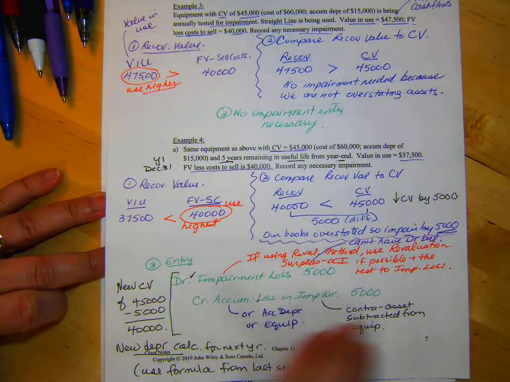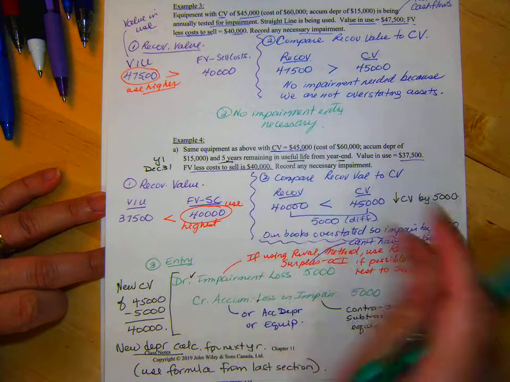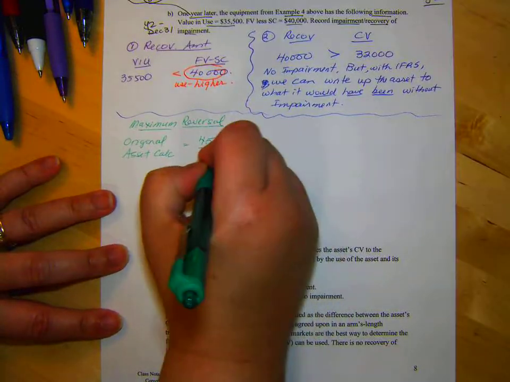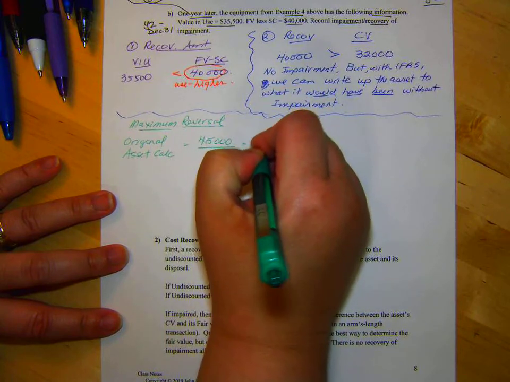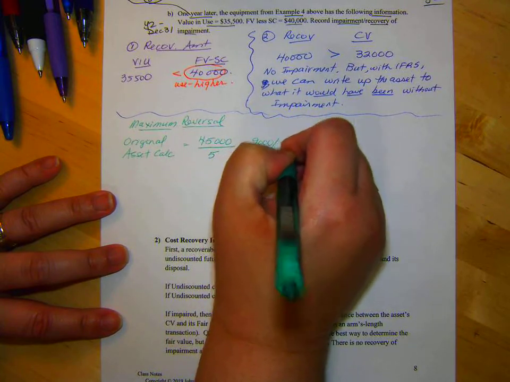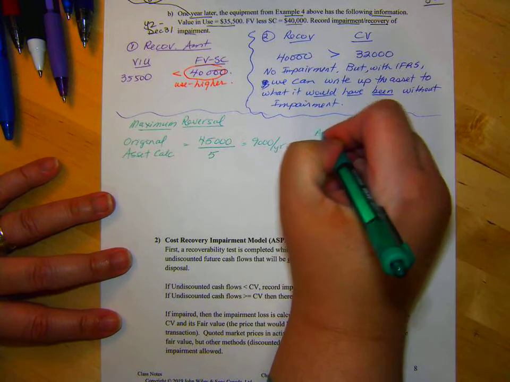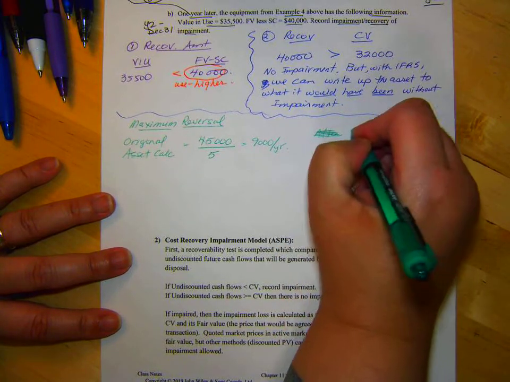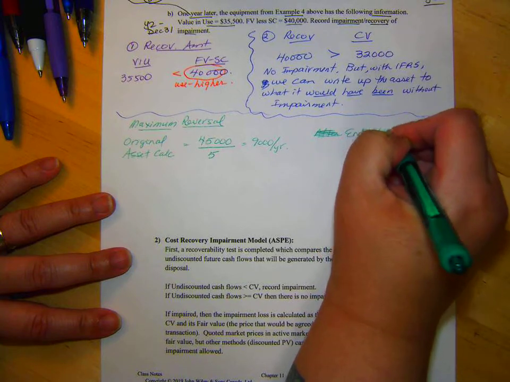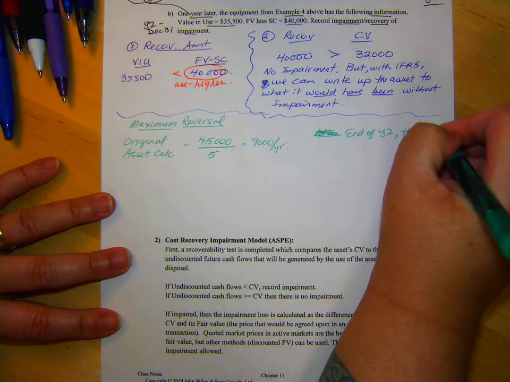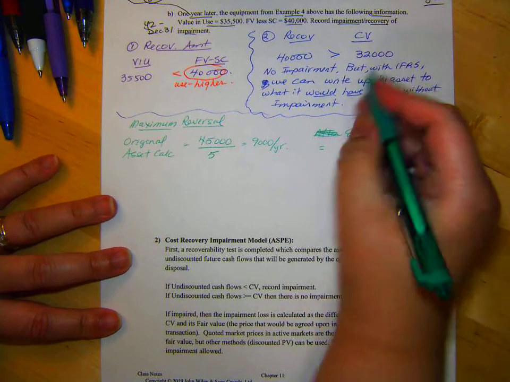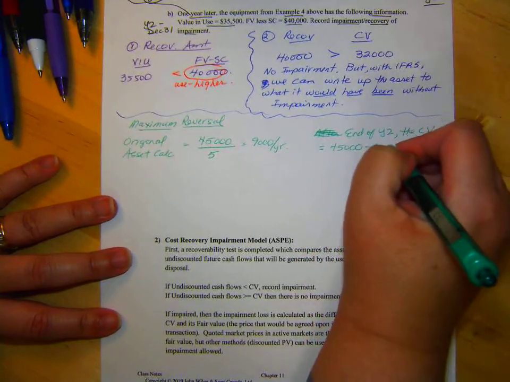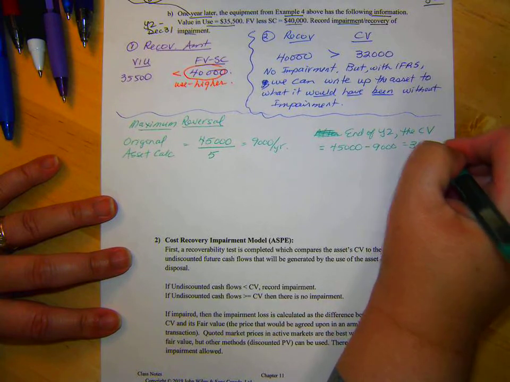So if this impairment didn't happen, that's what we'd calculate our depreciation on. 45,000 divided by 5 is 9,000 per year. So at the end of year 2, the carrying value would equal 45,000 minus 9,000 equals 36,000.